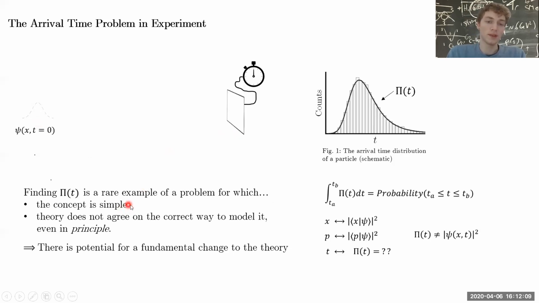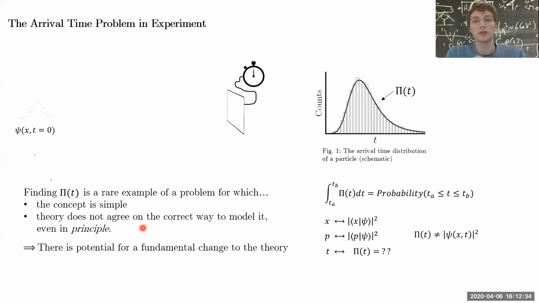As I said, I've managed to explain it to my mom, and even she can understand what this is all about, though she's not a physicist. I don't know of any other case in which a problem can be so easily stated, and yet the theory doesn't even have a solution to the problem in principle.